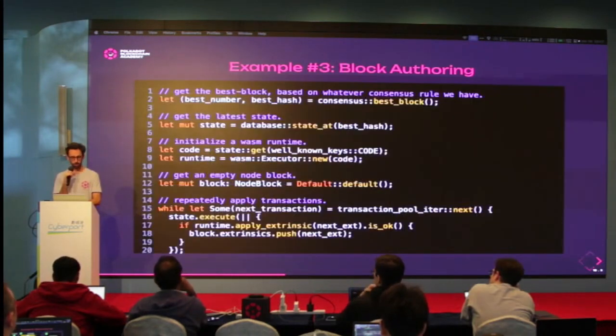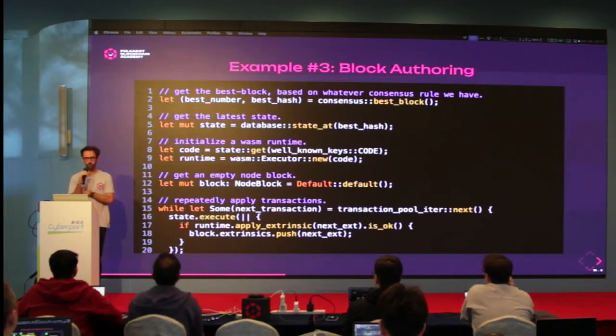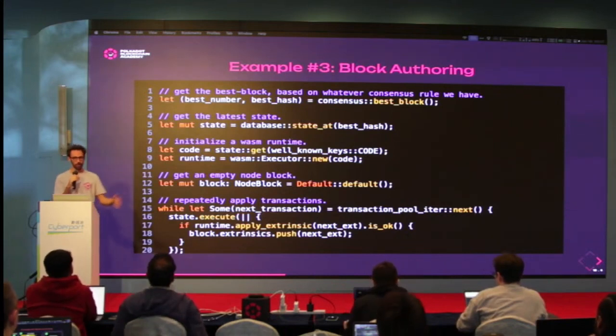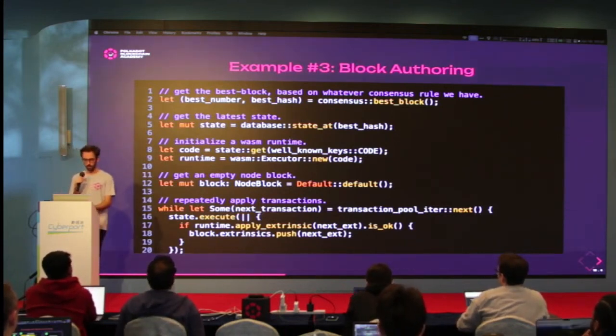Yeah. All right, let's have a quick look at the pseudocode of what we just talked about. This one is a bit longer, but with all the explanation that we had so far, hopefully it should be pretty clear.